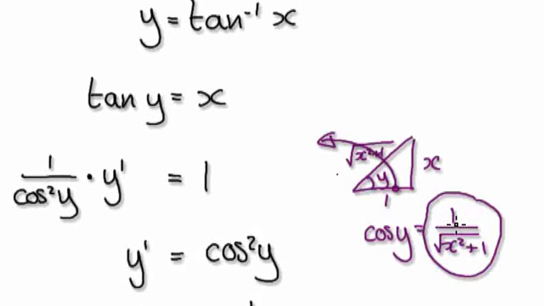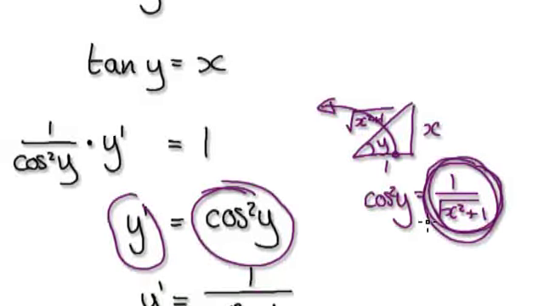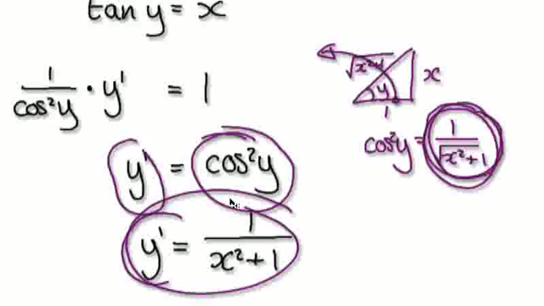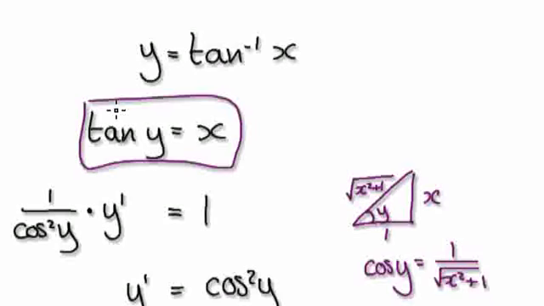Then we can square both sides, because at the moment our answer is y prime equals cos squared of y, and we can translate cos squared of y into this thing, which gives y prime equals this thing. So the cunning part is translating this into a right angle triangle, and then turning the tan of y into the cos of y.